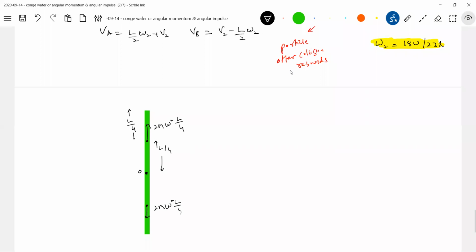So altogether what happened? This upper half will exert a force on the lower half. I'll use some other color.